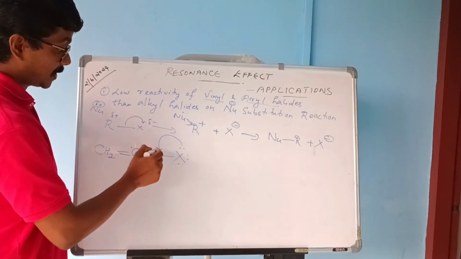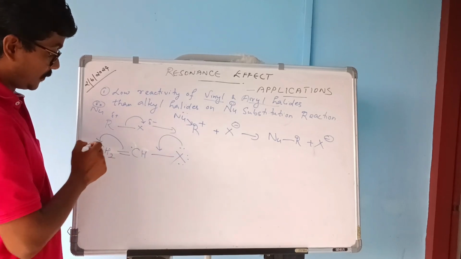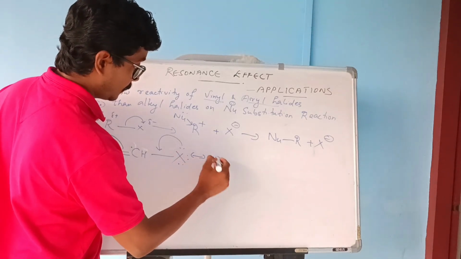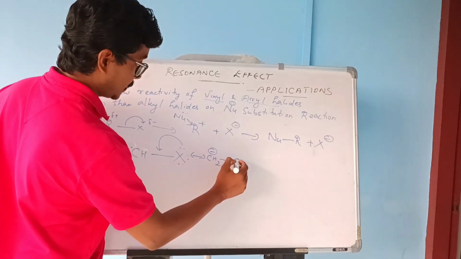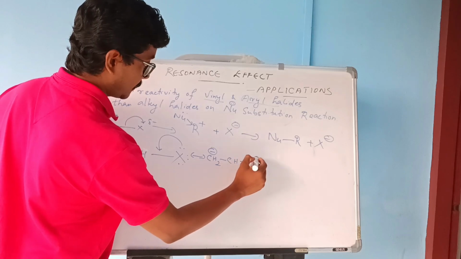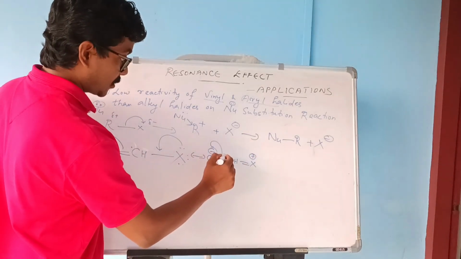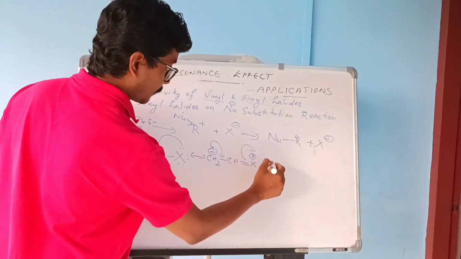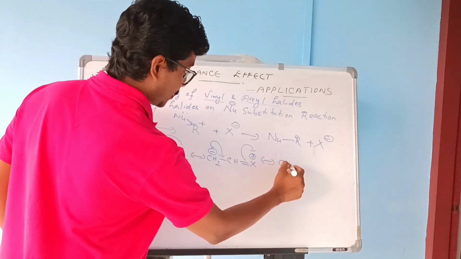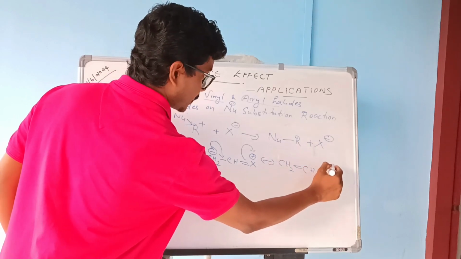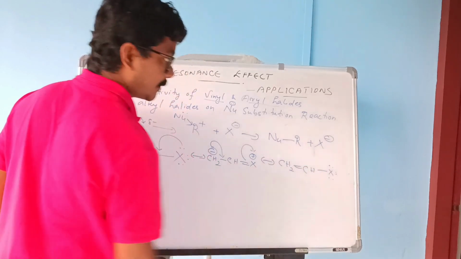So what is going to happen? This lone pair will come here and this will go to the terminal carbon. As a result of that, CH2 minus CH double bond X plus, right? Again, this will come to here and this will go to here. CH2 double bond CH and X minus.